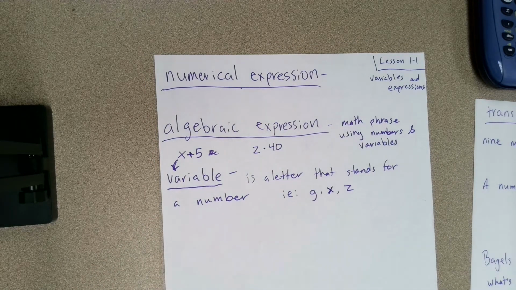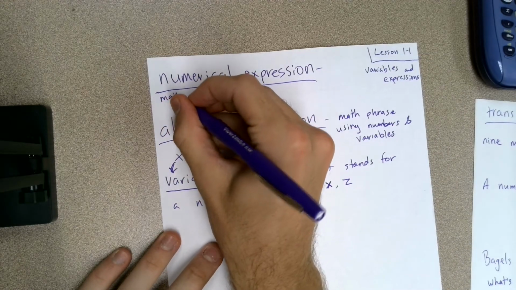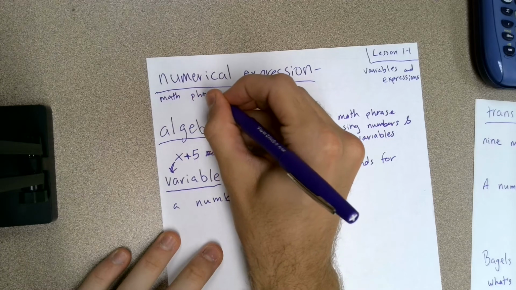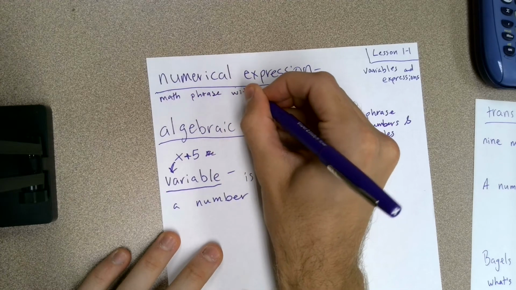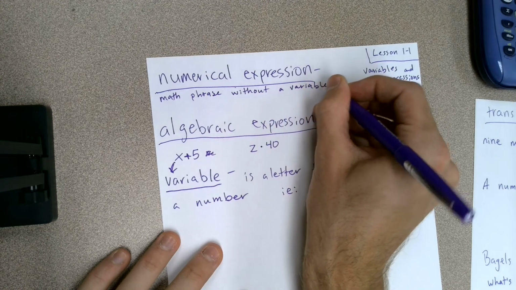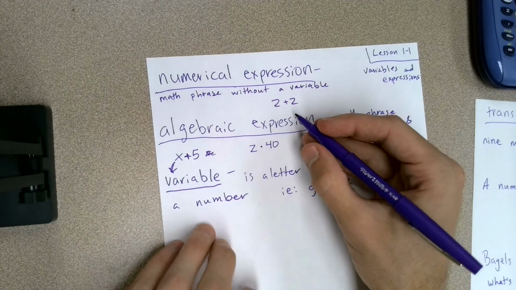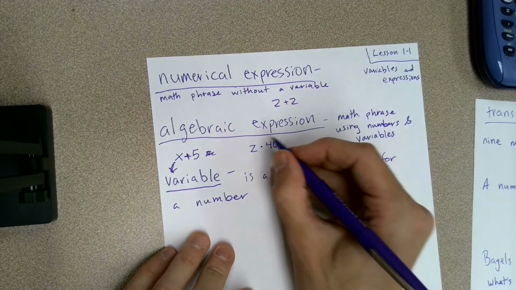Now, a numerical expression is something that you're pretty familiar with. All that is a math phrase without a variable. An example of that could be as simple as 2 plus 2. There's no variable there. My z's are kind of looking like 2s.